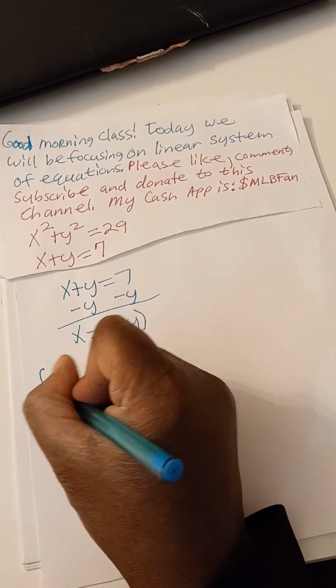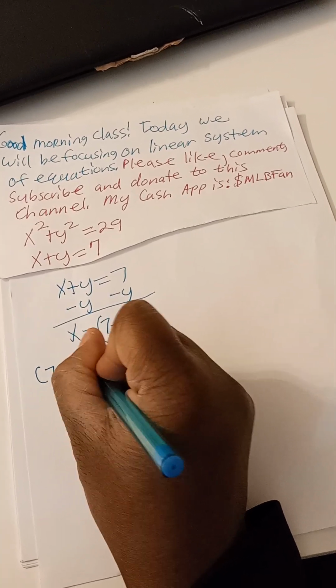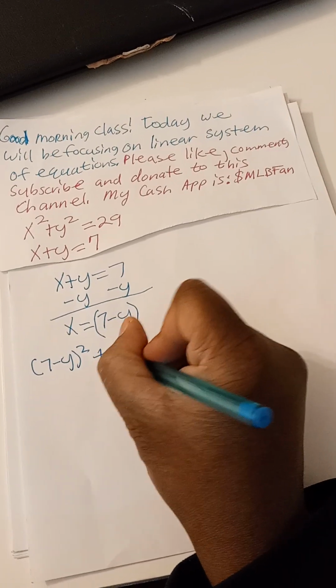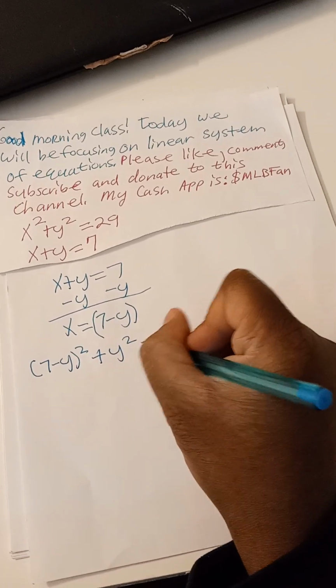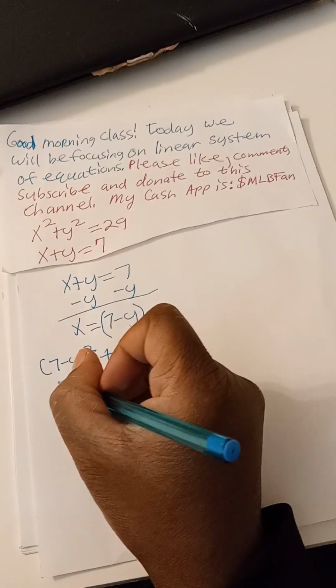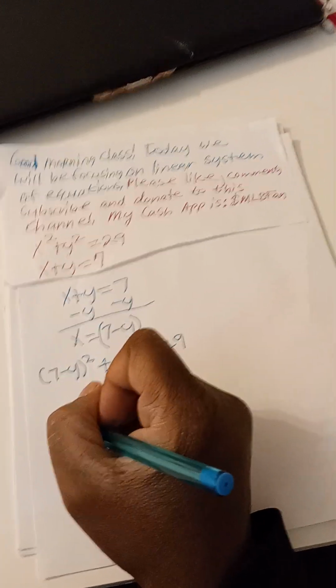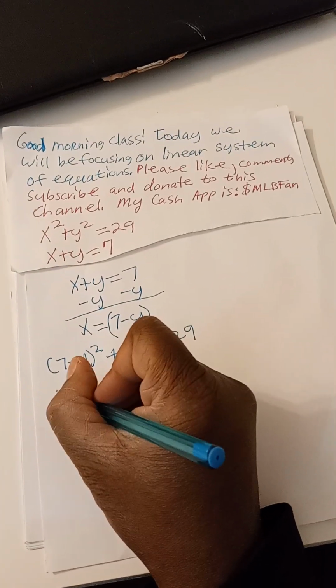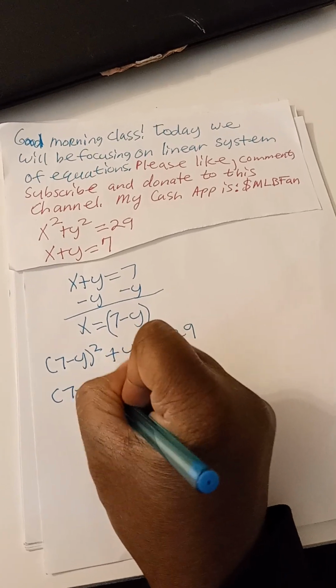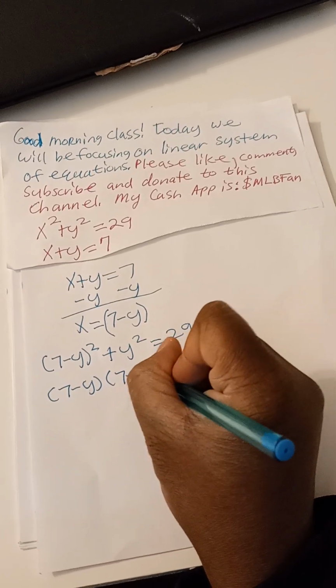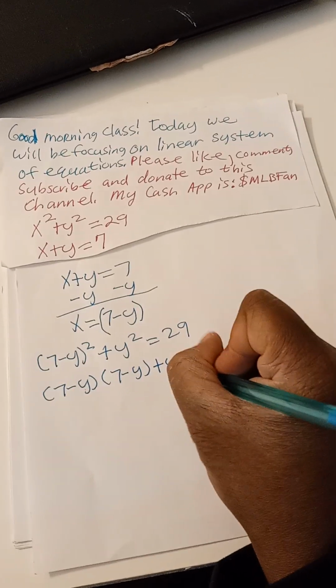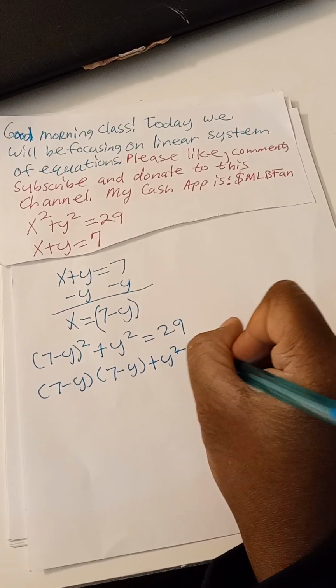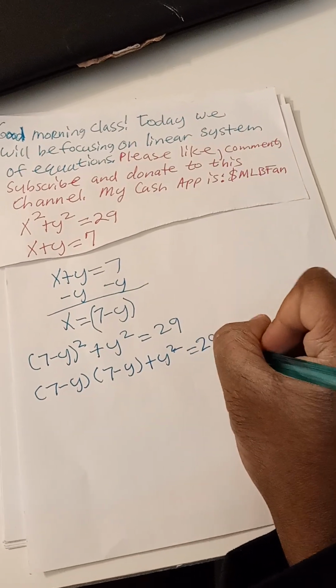Now this will read (7 minus y) squared plus y squared equals 29. So (7 minus y) squared can be rewritten as (7 minus y) times (7 minus y), plus y squared is equal to 29.